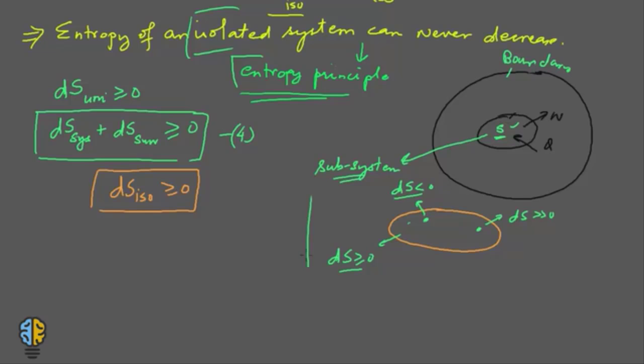So this is how you can check for the irreversibility. This means the entropy increase of an isolated system is a measure of the extent of irreversibility of the process that the system undergoes.